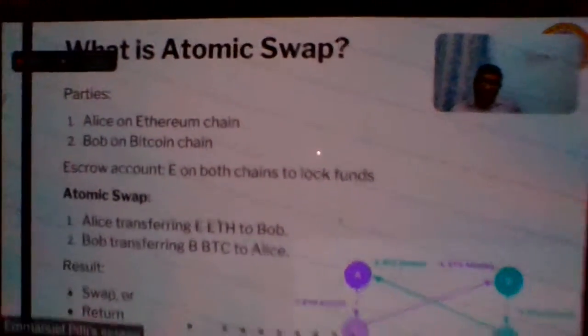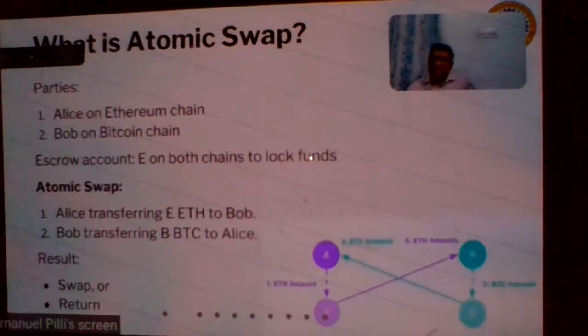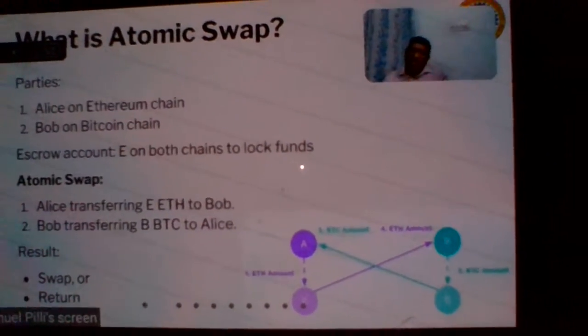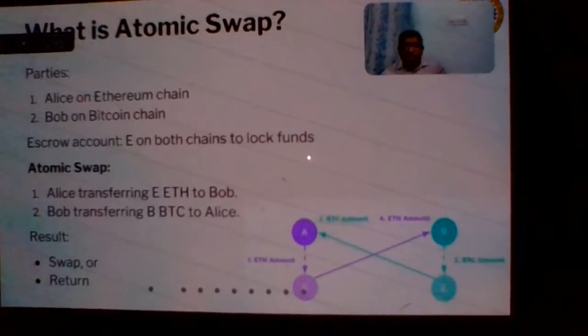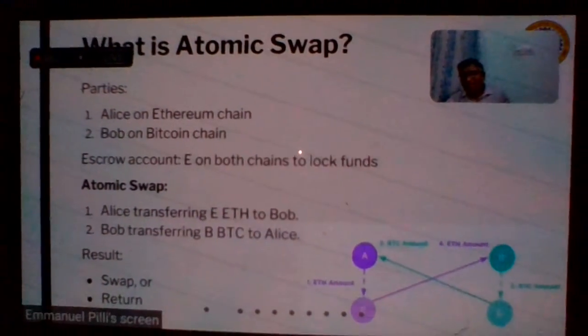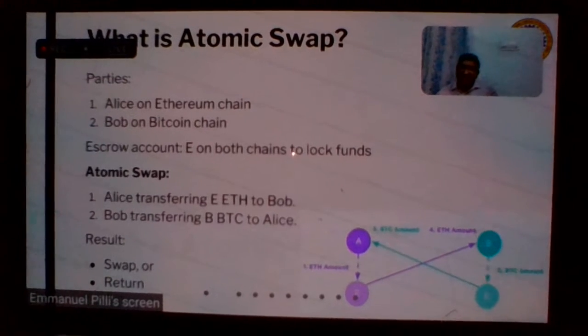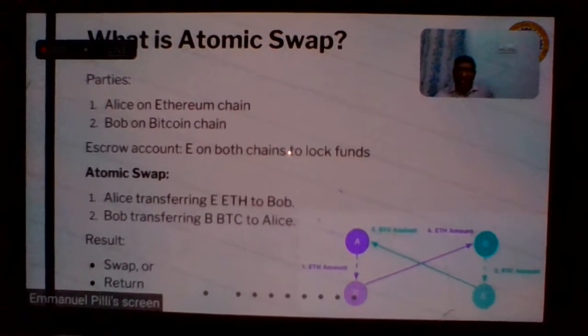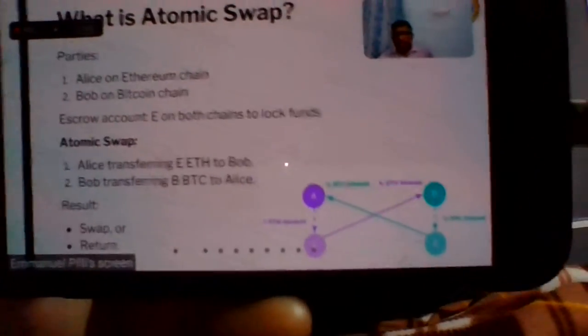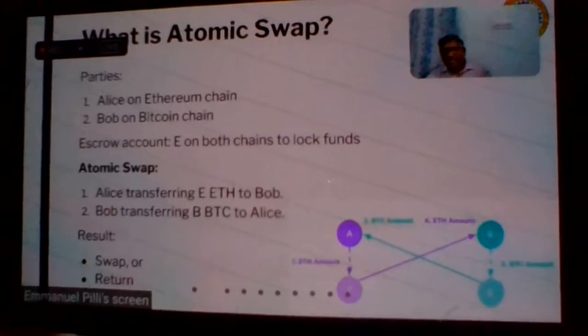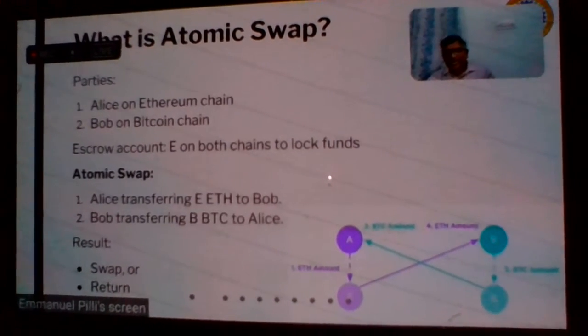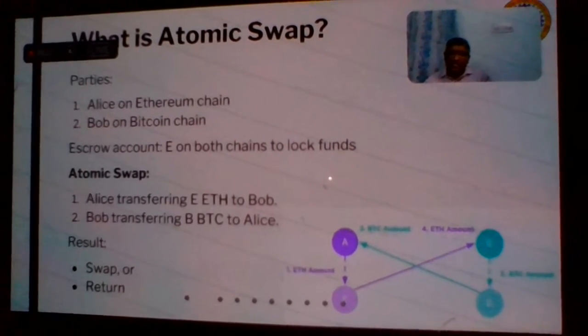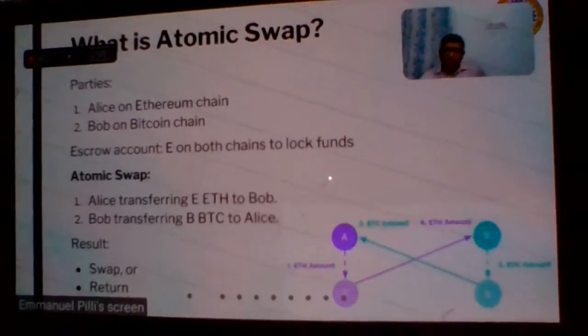They don't want to go to an exchange. If they go to an exchange, it is very easy to do the transaction, but they don't want to go to the exchange, or they don't want to go to an escrow account. Escrow account is a third party account, right? So they can lock the funds on both blockchains, right? So the atomic swap is Alice transferring ethers to Bob, and Bob transferring bitcoins to Alice.